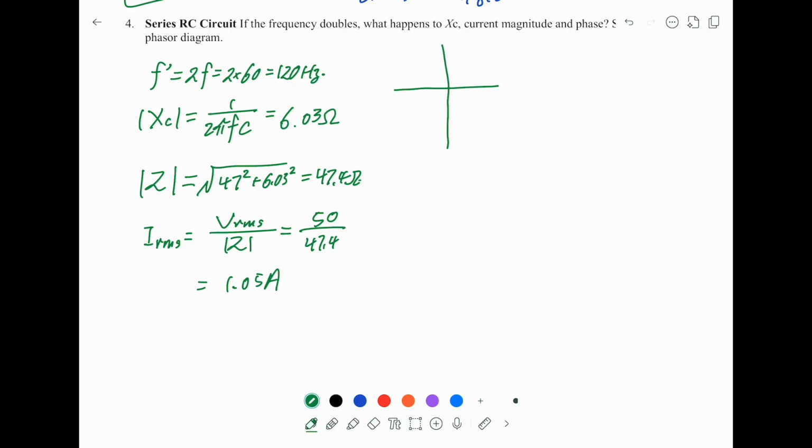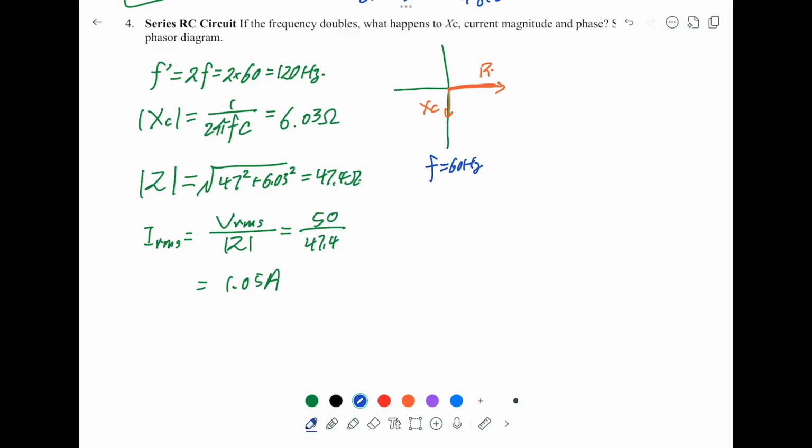Now what I mean is, assume this is the original, and this is R, and this is XC. This is for frequency equal to 60 Hertz.